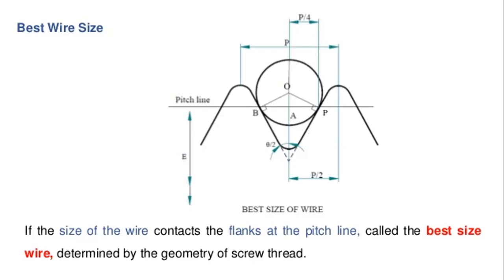We have two flanks here. This is one flank and this is the other flank of the tooth at the pitch line. If the wire touches the flank directly at the pitch line, it is considered the best size wire, determined by the geometry of the screw thread.